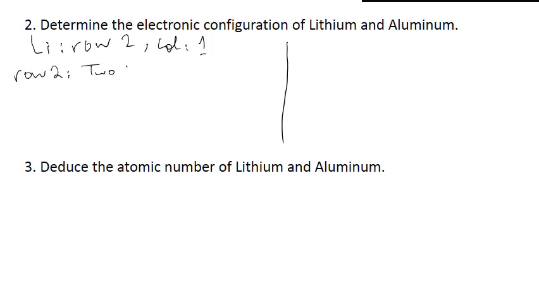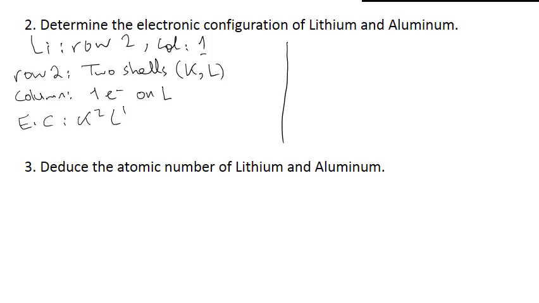Yes, it has two shells, which are K, L. If it's in column 1, this means what? Yes, one electron on which shell? On L. So what is the electron configuration? K2L1. Good.